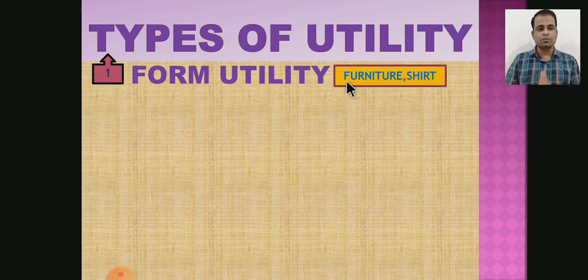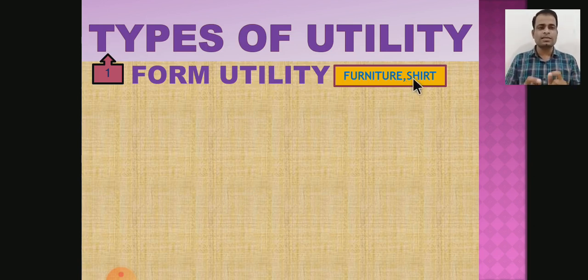When a piece of wood is converted in the form of furniture, then the utility of the piece of wood will increase. Such type of utility is called form utility. Then we may take the example of a shirt also.